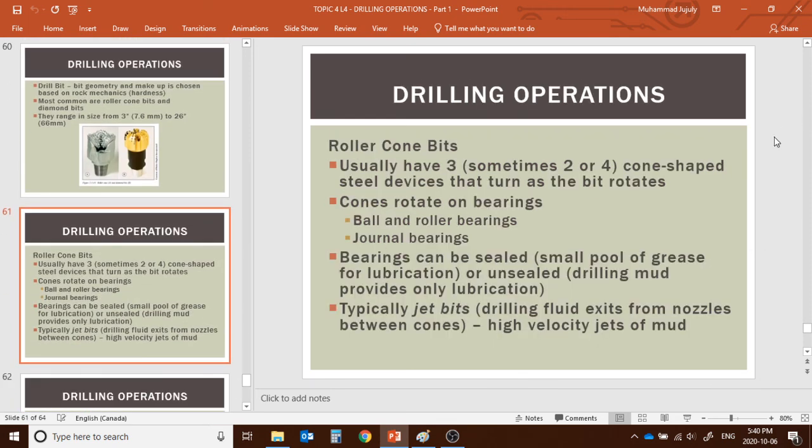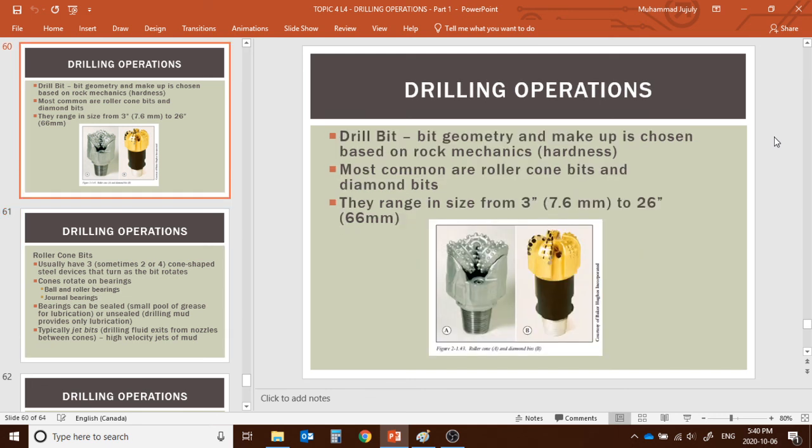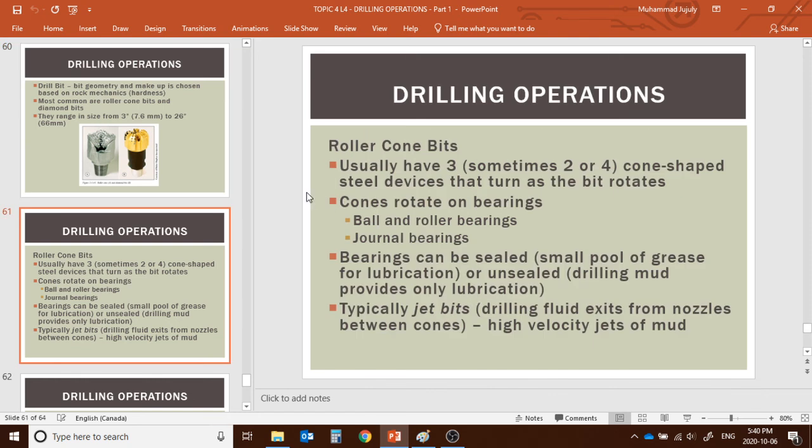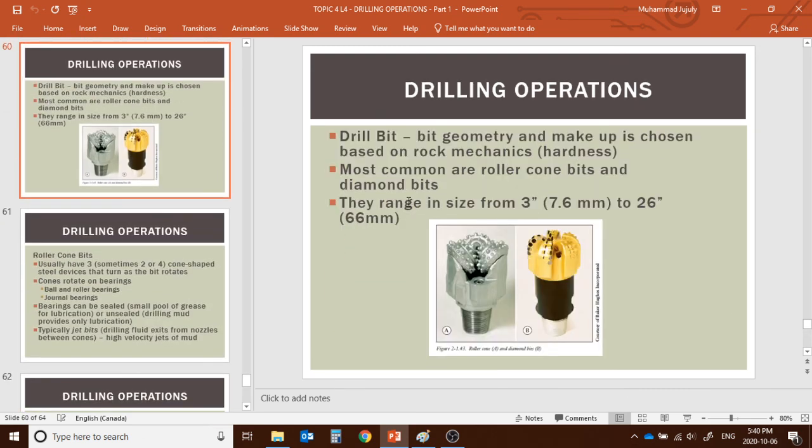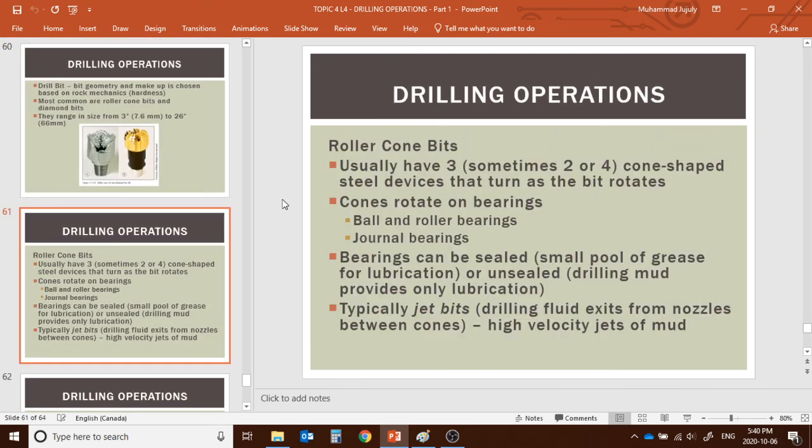Let's talk about the roller cone. This is the roller cone bit. Roller cone bits usually have three, sometimes two or four, cone-shaped pieces with teeth.